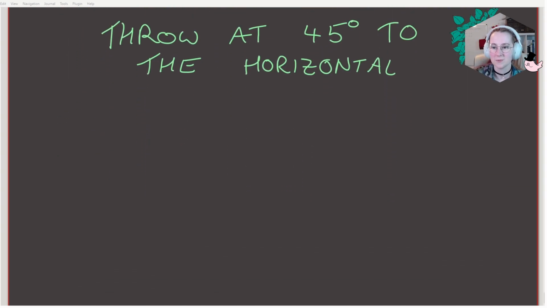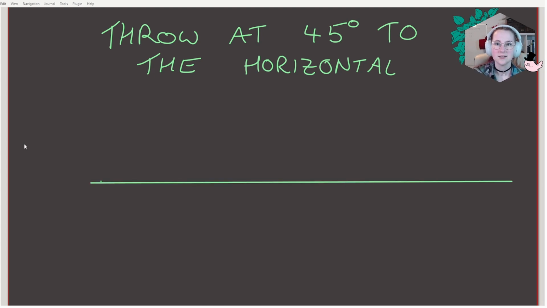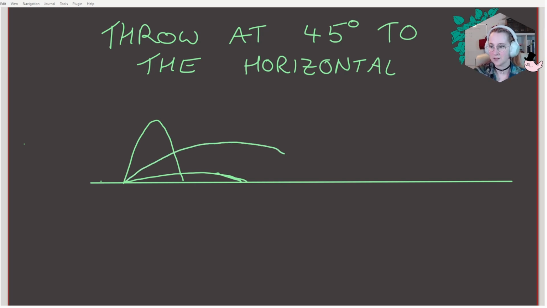You can think about it like this: if I yeet something really high, it's going to have a really short arc. If I yeet it really low to the ground, it's going to die off too quick because it doesn't have enough up. And the nice one is going to be 45 degrees.